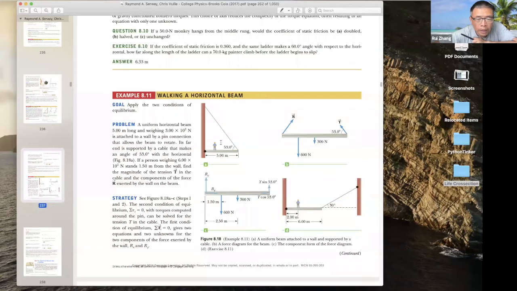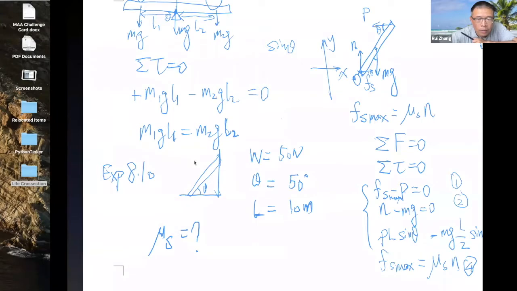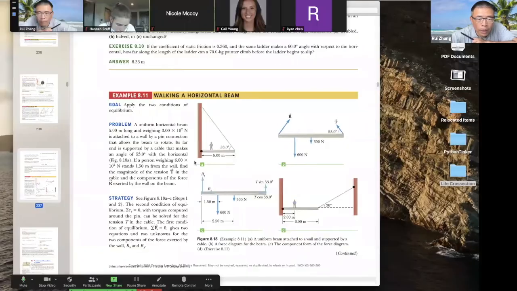So there's basically a couple of objects here. We have a person, we have a beam, 5 meters, 53 degree angle. And then the beam is 300 Newton, the person 600 Newton, okay? So this is example 8.11.